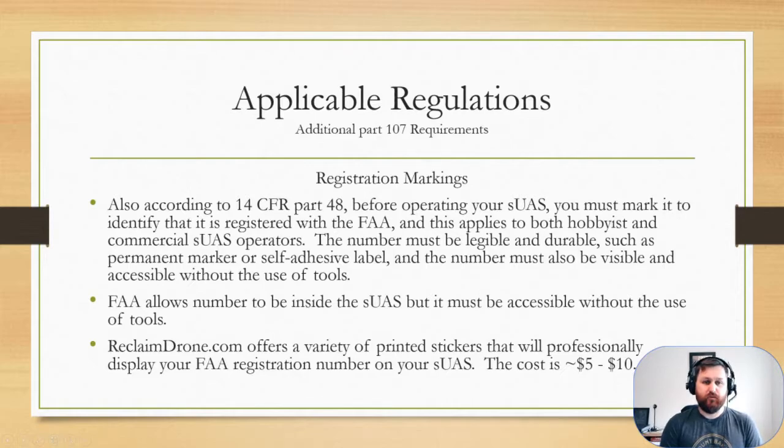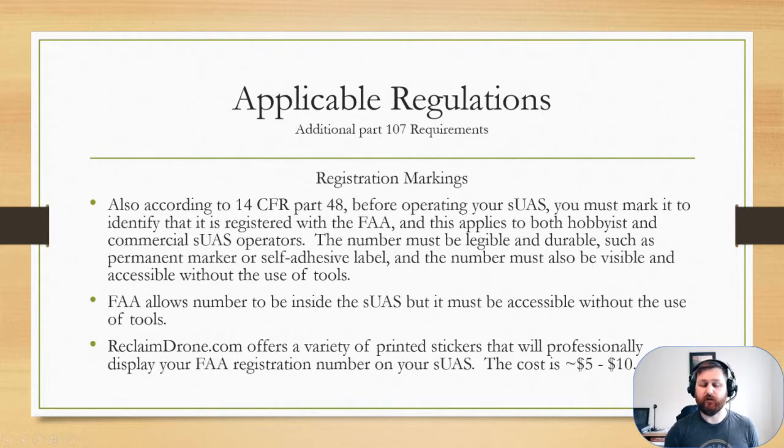So in the same vein, I kind of already mentioned this earlier with registration markings. While we have to mark it, again, in accordance with 14 CFR Part 48, before you operate your sUAS, it must be marked to identify that it has been registered by the FAA, and this applies to both hobbyist or commercial sUAS operators.